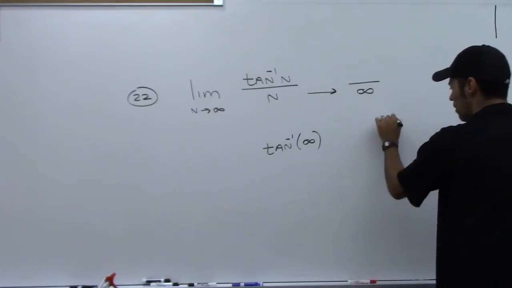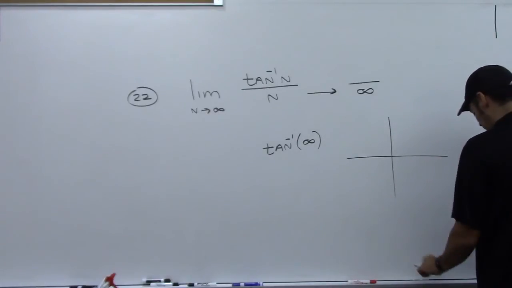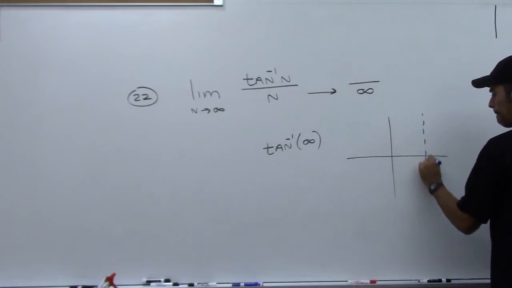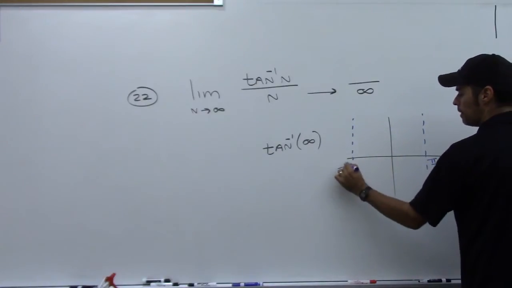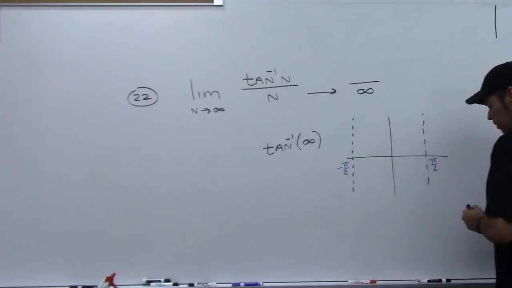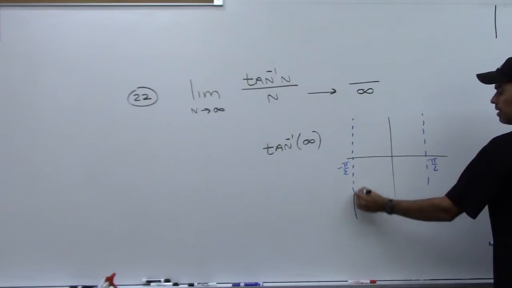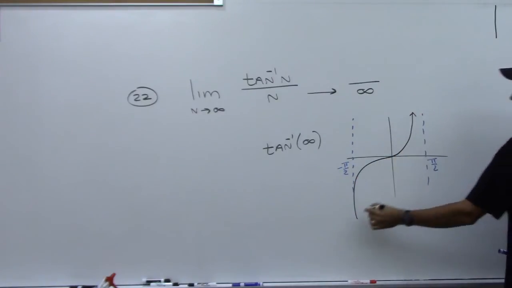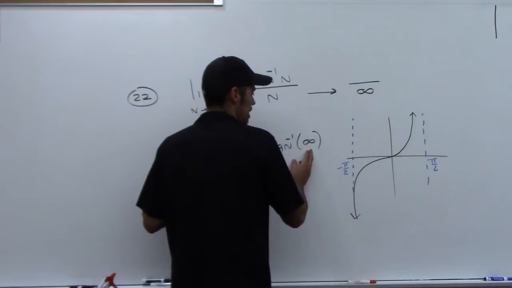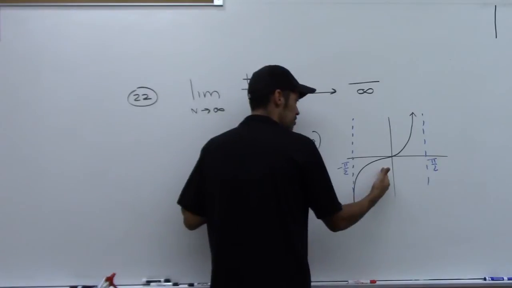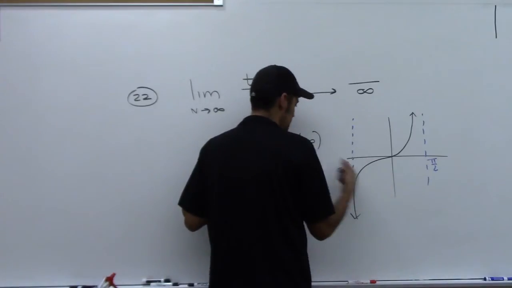But what we do is we go back to the graph of tangent. Pi over 2, negative pi over 2. We dealt with this when we did improper integrals. We know tangent looks like this. When you say arctangent of infinity, you're asking where on the tangent function the graph is going to positive infinity.